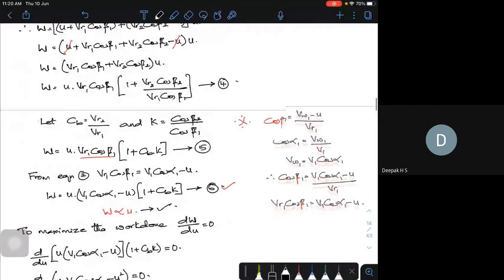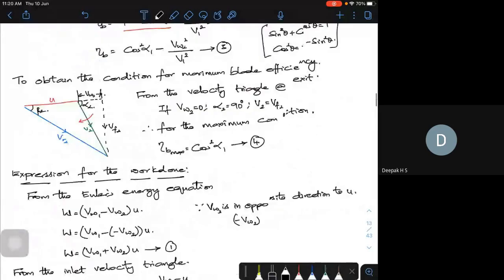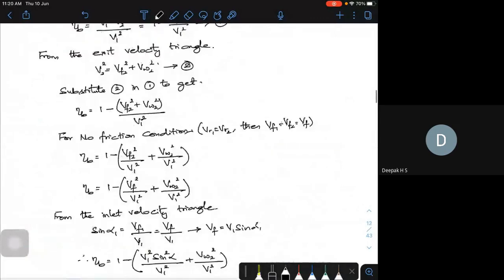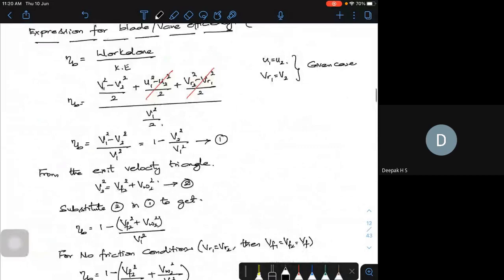We already got an expression for blade efficiency, which we derived yesterday.